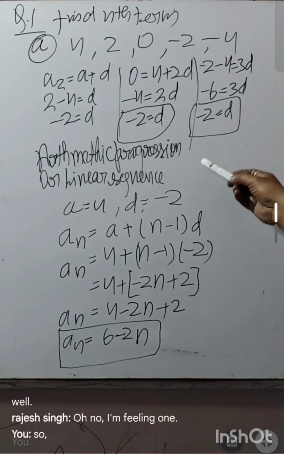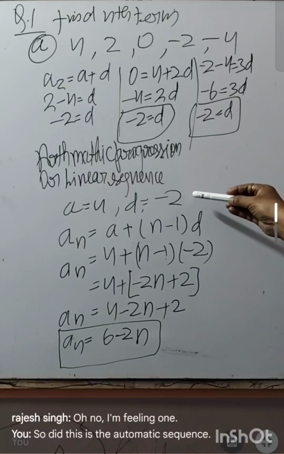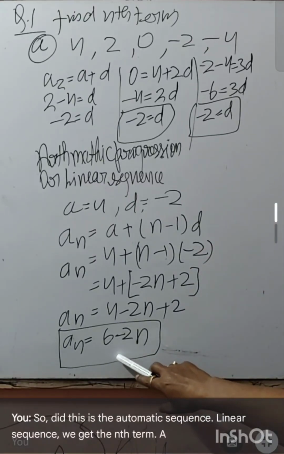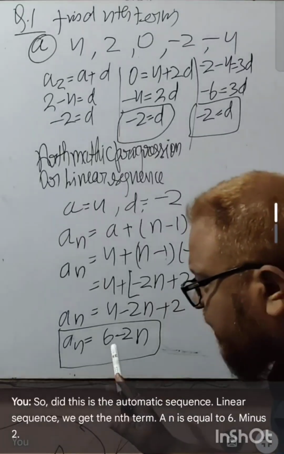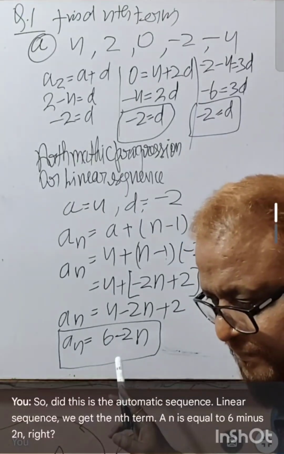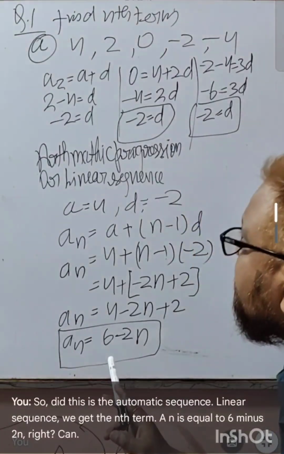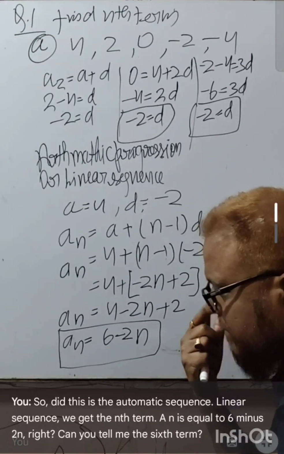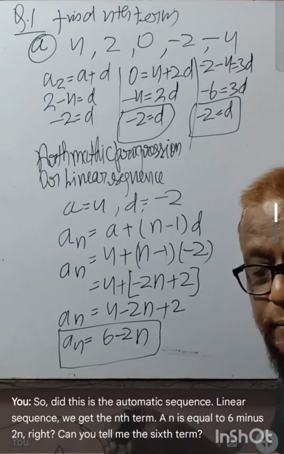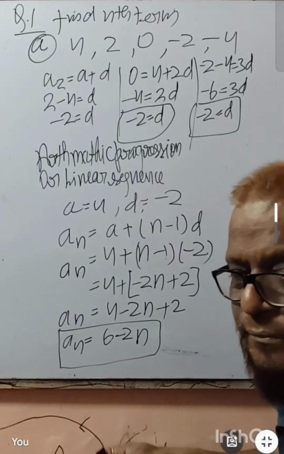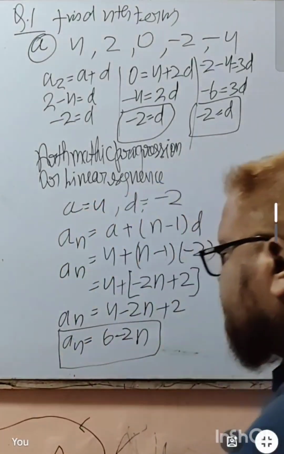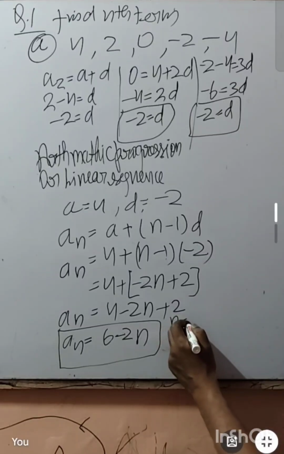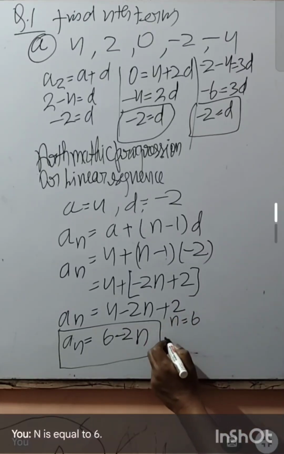So this is the arithmetic sequence, linear sequence. We get the nth term. Nth term is equal to 6 minus 2n. Fine. Can you tell me the sixth term? n is equal to 6.